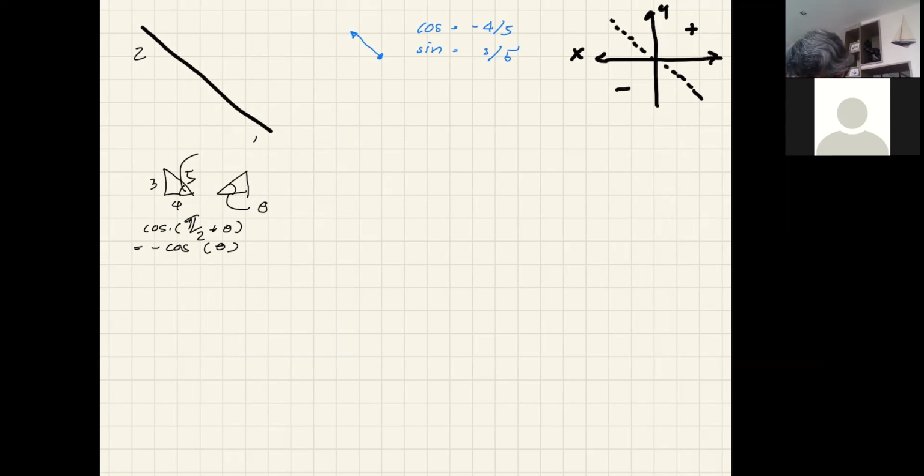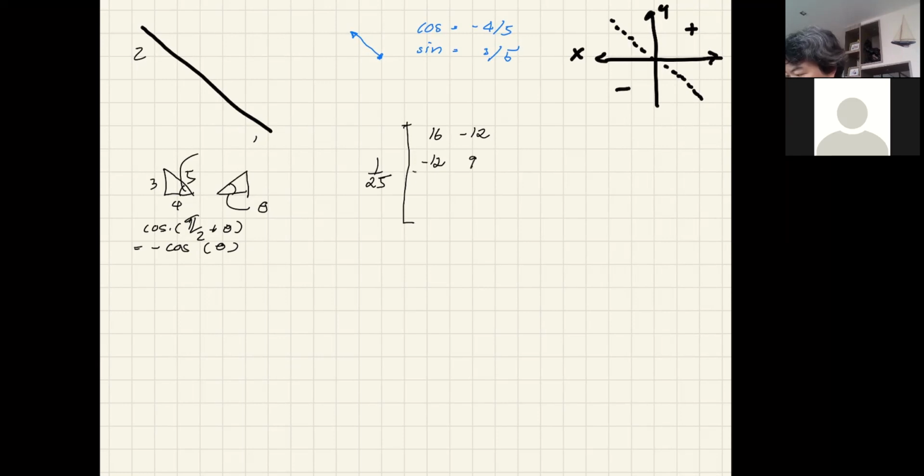So for member number 4, your cosine is this. I'm going to take the 1 over 25 out. Then cosine squared is 16, sine cosine becomes minus 12, and then 9.